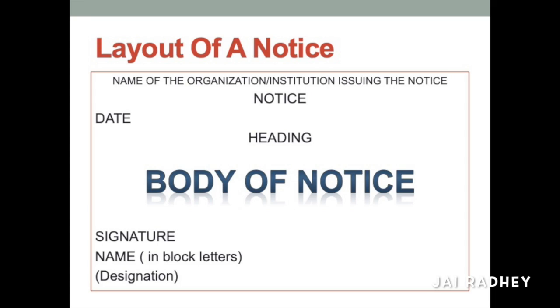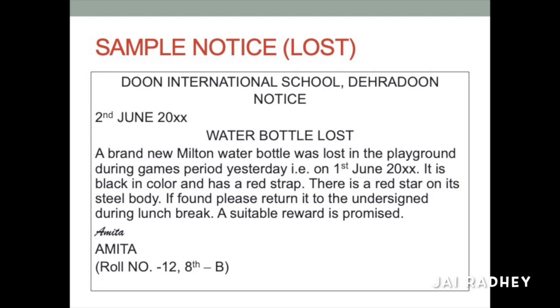In the third line, the date on the left hand margin. After that, the heading again in the center in 3-4 words in capital letters. Then comes your body of the notice. After that, the signature, which will be in running hand, the name in block letters, and the designation.